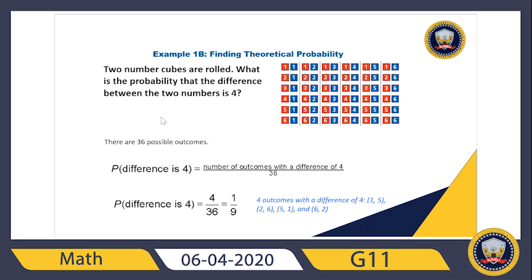Let's take another example, guys. Let's have an experiment, and in this experiment we have two dice. The first one is the red one, the second one is the blue one. If I'm rolling these two dice, it's asking me to find the probability that the difference between the two numbers is 4.